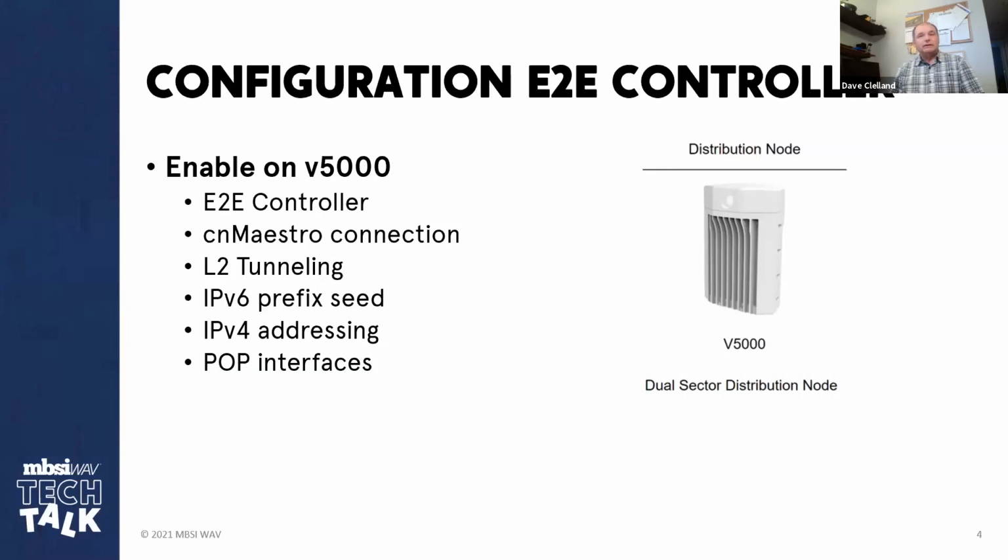And then we're going to take a look at the interfaces, and we're going to declare one of the interfaces as the point of presence interface, so the network feed into the network. We can have multiple pops in a cnWave network. In my lab, of course, I have one at this moment, and that's all that I want is one network interface onto the cnWave network. So that's we're going to do that.